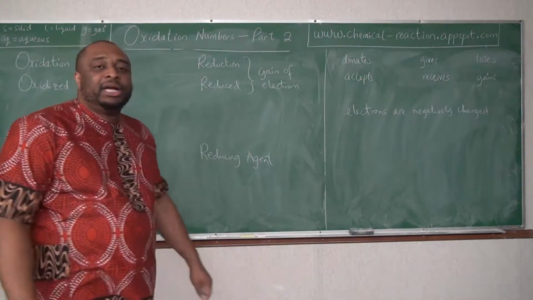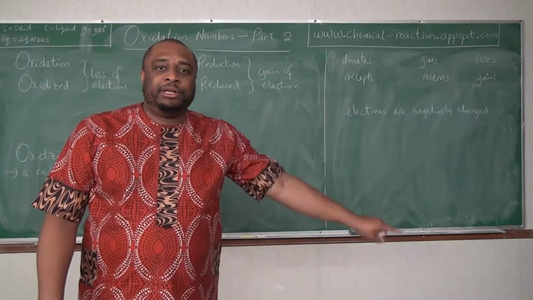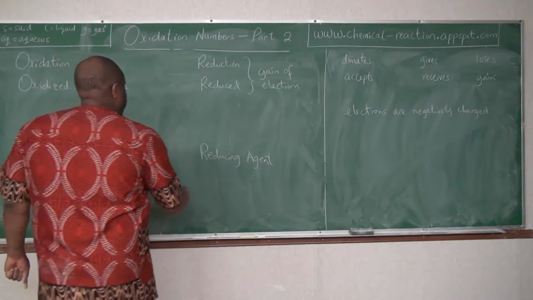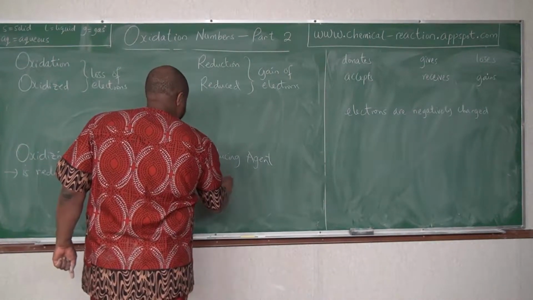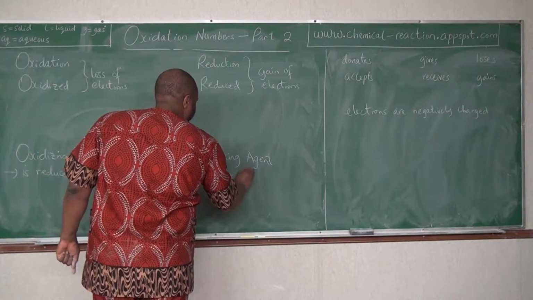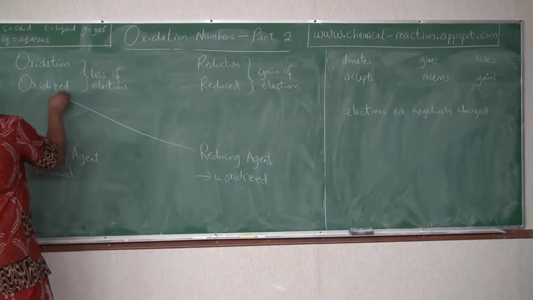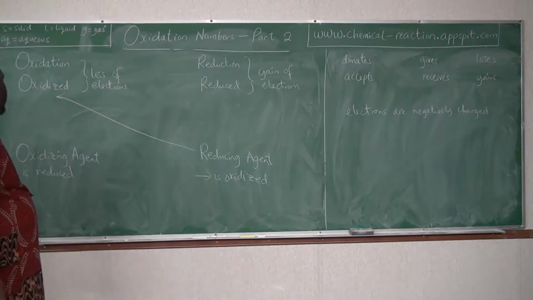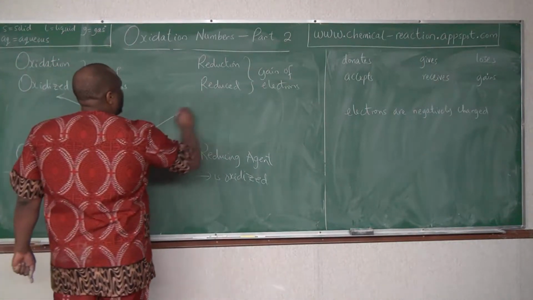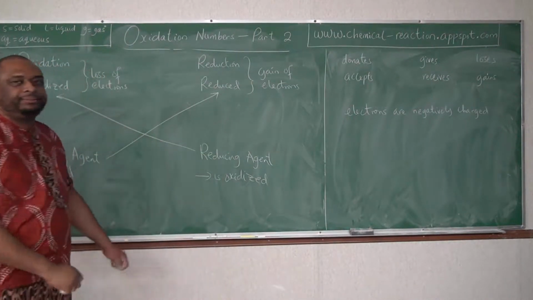So the oxidizing agent is reduced. A reducing agent will cause the other guy to be reduced, and therefore is oxidized. So the reducing agent is oxidized. The oxidizing agent is reduced.